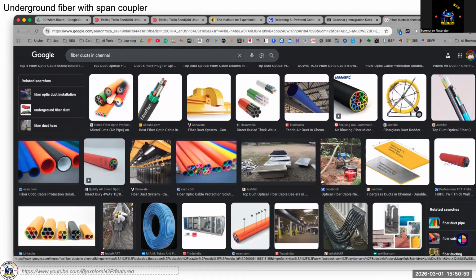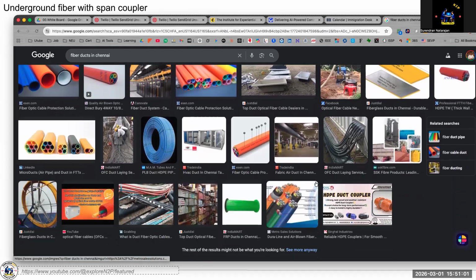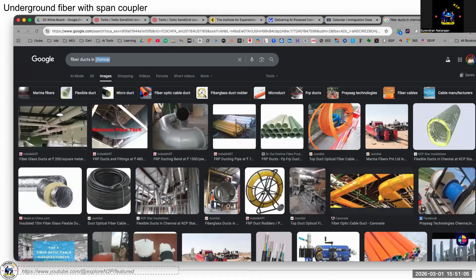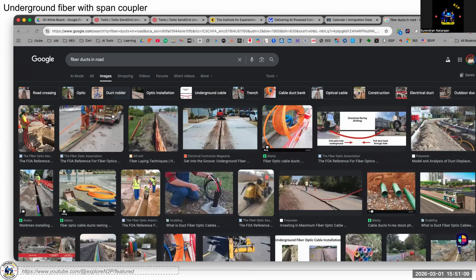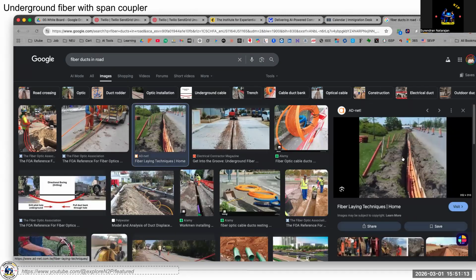See the blowing like that. This coil they will lay like this, stretch the coil.